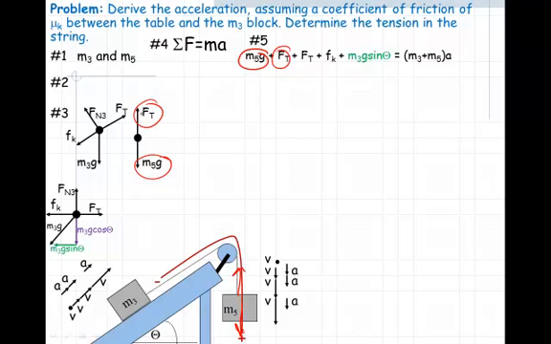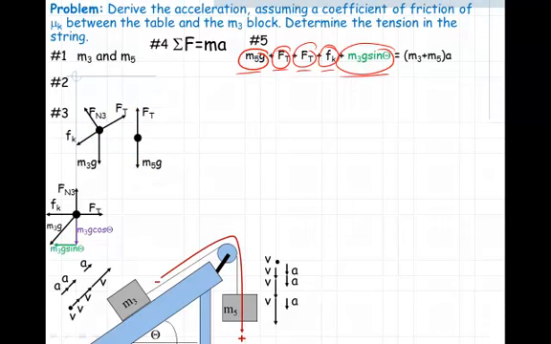We've got this force of tension on the M3 block pulling up and to the right. We've got the kinetic frictional force pulling to the left. And finally, along our line of action, we would have the sine component of M3G. So we have a total of 5 forces, or at least forces and components of forces, along the line of action.